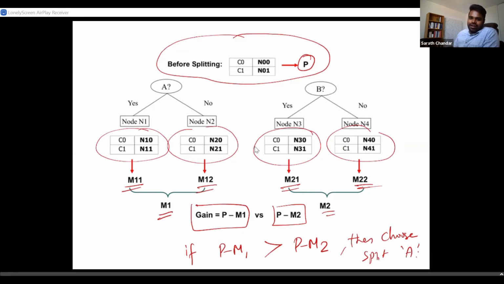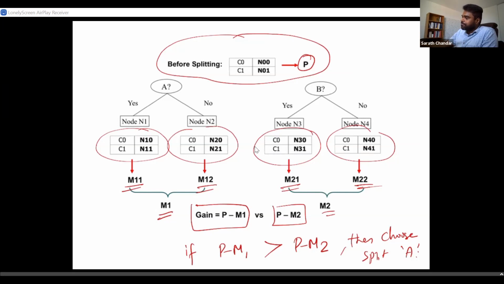Now, this is the general idea. Are there any questions? Any questions, chat, or raise your hands before we start seeing the metrics?